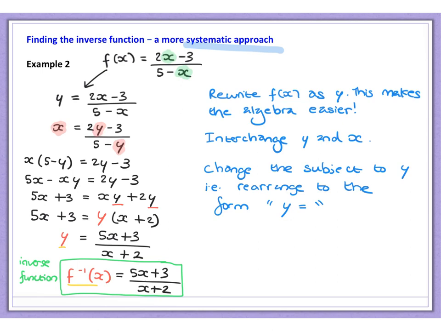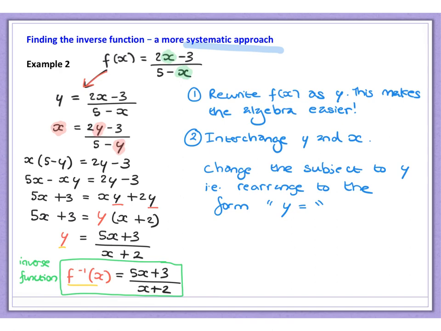So let's review the 4 steps that we've worked through. Number 1, we rewrite f of x as y, which makes the algebra easier. You can see that rewrite here. Step 2, we interchange y and x. You can see this highlighted in red.